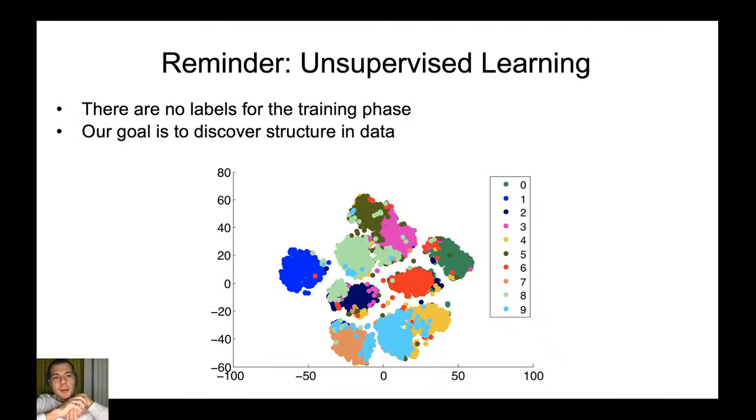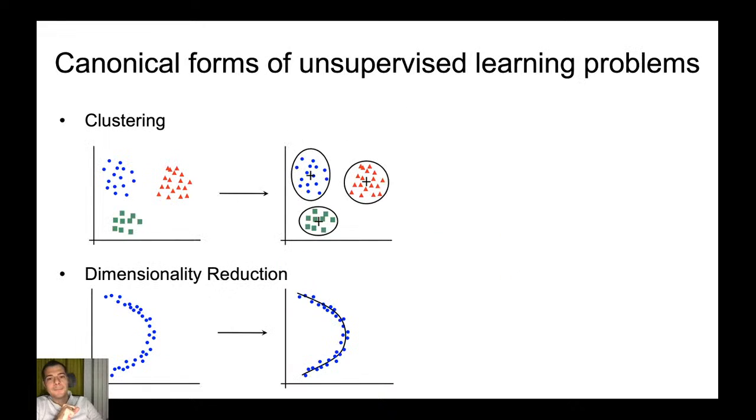So, just a quick reminder about unsupervised learning. In unsupervised learning, we have data without labels, so the goal is basically to discover structure in data.